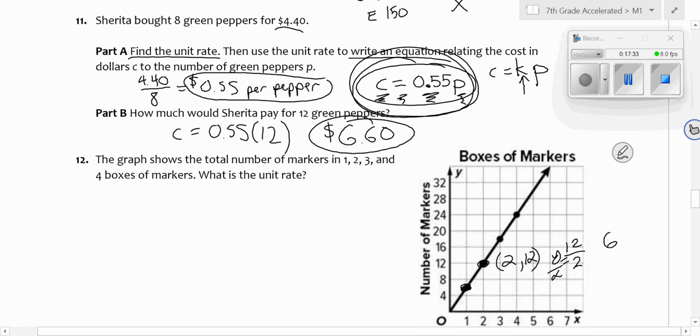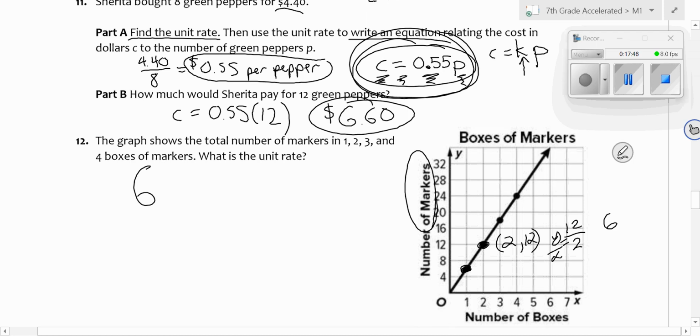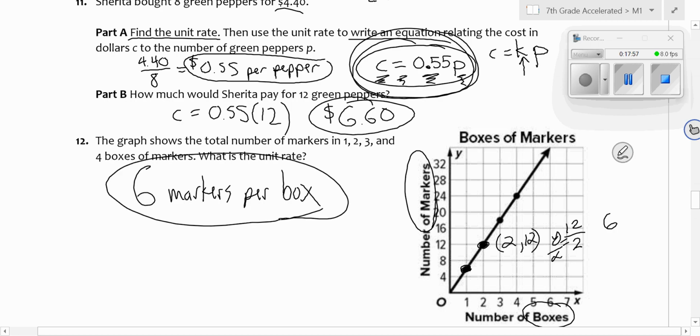What does that mean? 6 what? Yeah, look. The y is the number of markers. The x is the number of boxes. So that's markers per box.